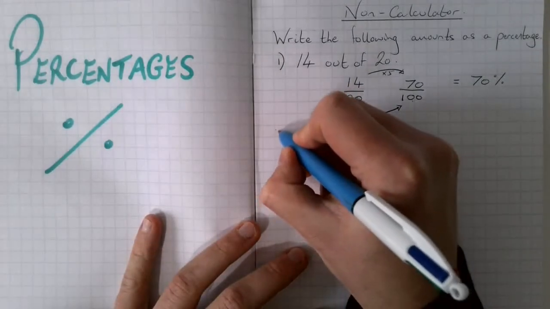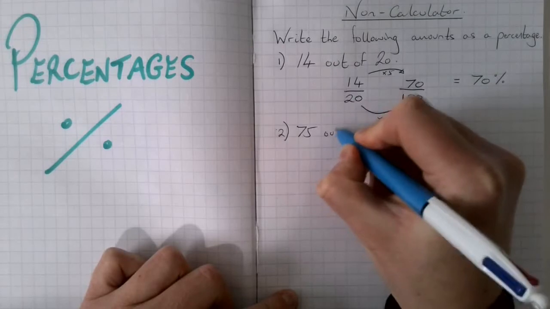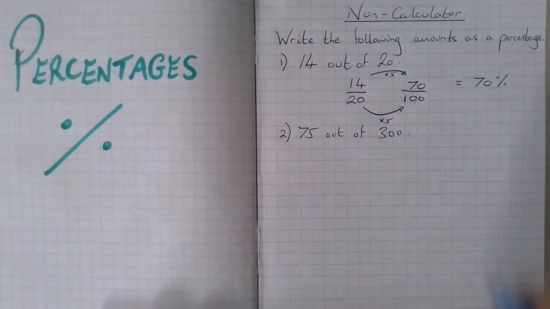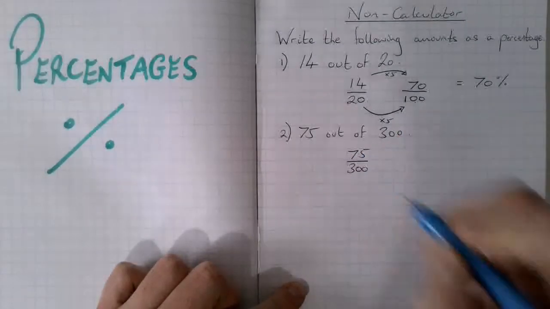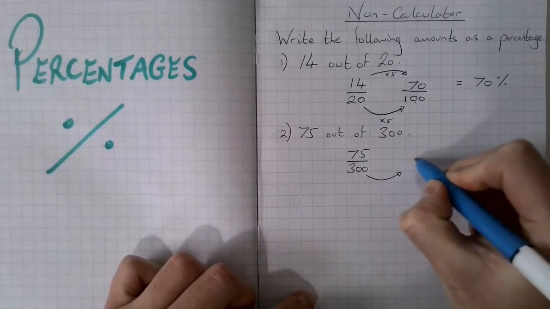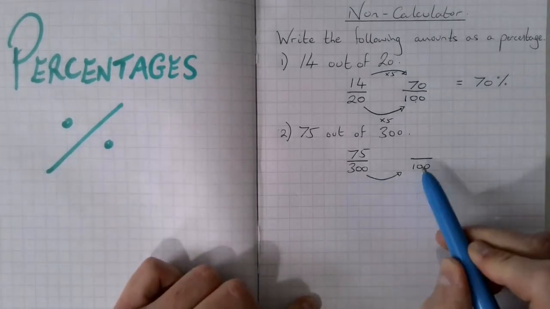Okay, example number 2. Let's do 75 out of 300. So the first thing I'm going to do is write 75 out of 300 as a fraction. And I want to get to a fraction where I've got 100 on the bottom. Well, what do I need to do to get from 300 to 100?